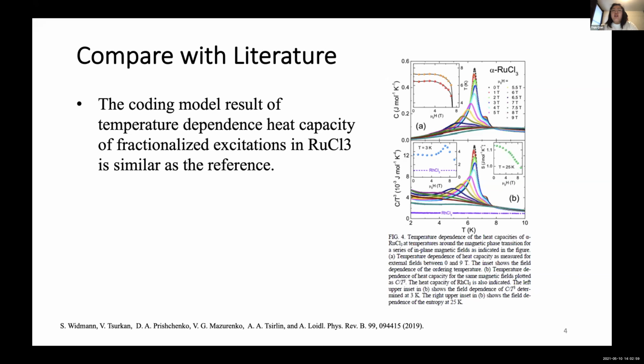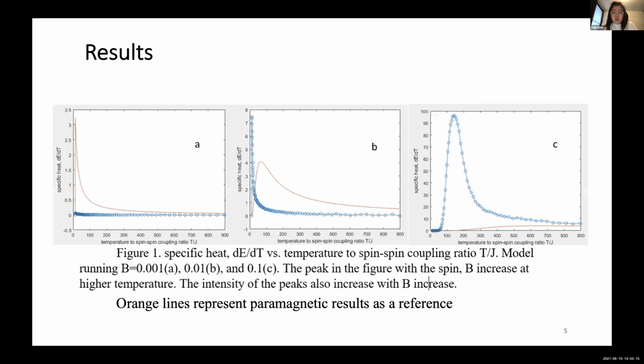And also they ran the coding of the temperature dependence of heat capacity of the spin excitations in the ruthenium-3 chloride, which is similar to what I got. So from my experiments, I changed the spin B values from 0.001 and 0.01 and 0.1 to see what's the difference based on the spin numbers.